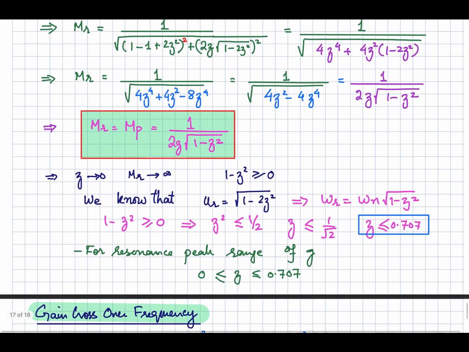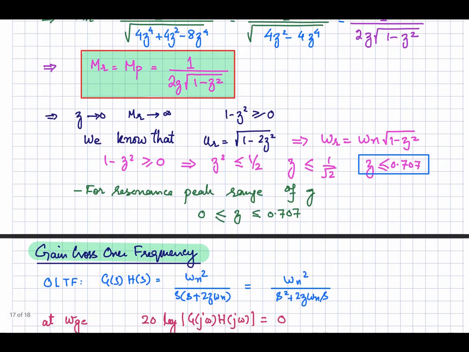So what is the condition over here? This part should be real, right? If zeta approaches 0 in this case, what about the peak? The peak will approach infinity, because 1 by 0 is infinite. Secondly, in order to have this square root, 1 minus zeta square should be greater than 0.